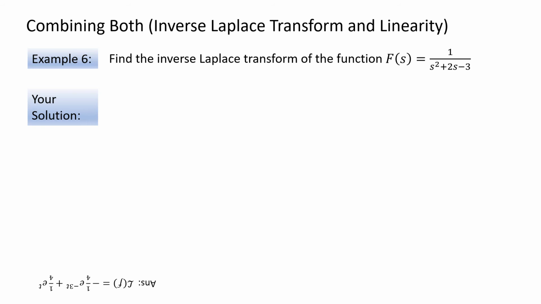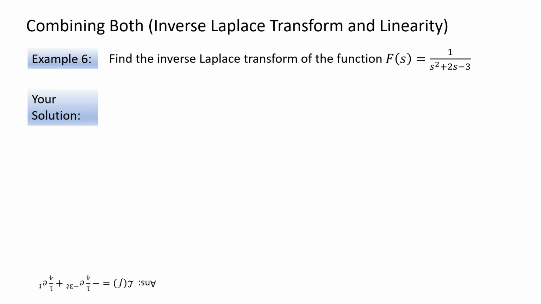And as I've mentioned previously, we're going to have to look at using partial fractions here in order to find our final solution. So find the inverse Laplace transform of the function f of s, or capital F of s, is equal to 1 over s squared plus 2s minus 3.